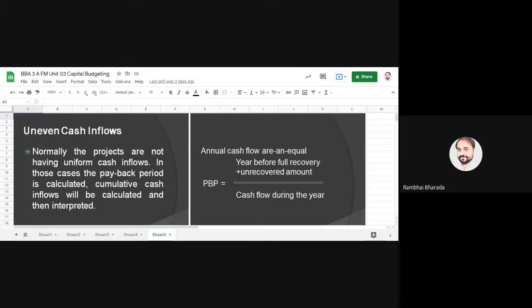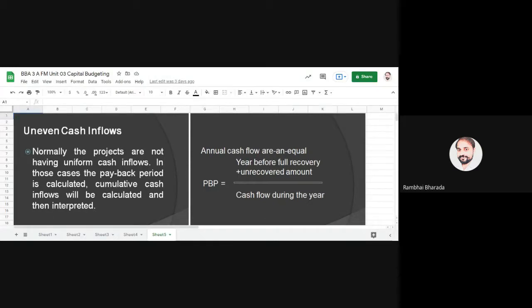Now write down the formula. Formula is very simple. Payback period is equal to year before full recovery plus unrecovered amount upon cash flow during the year.